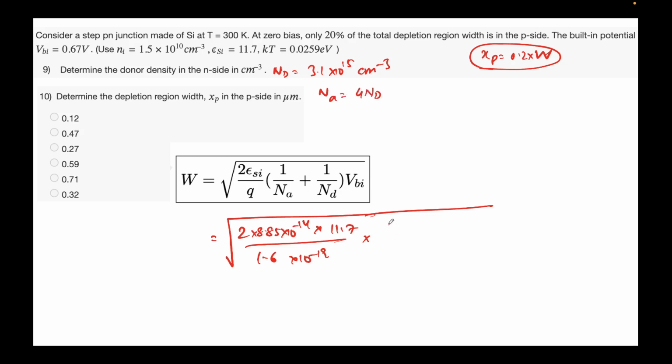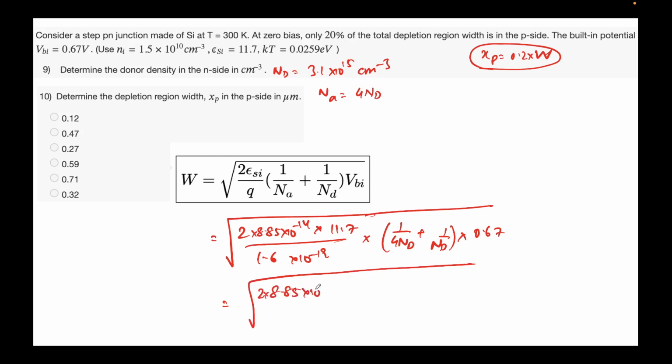So you place it here, 1 over 4 Nd plus 1 over Nd, into 0.67, and then 2 into 8.85 into 10 to the power minus 14 into 11.7 over 1.6 into 10 to the power minus 19. So this will come out to be 5 by 4 Nd, and the value of Nd is given as 3.1 into 10 to the power 15, into 0.67, right?